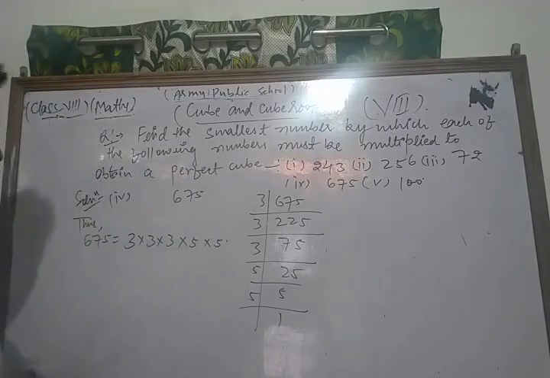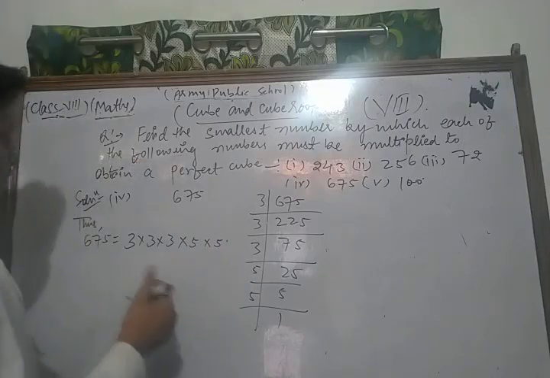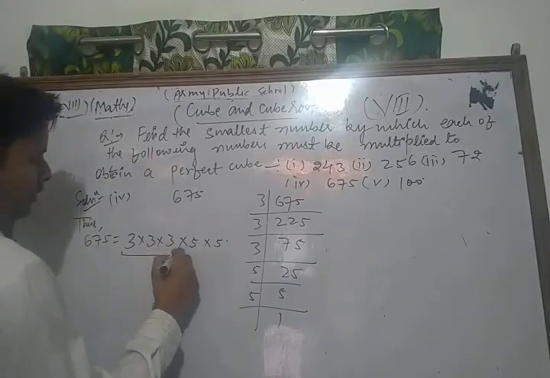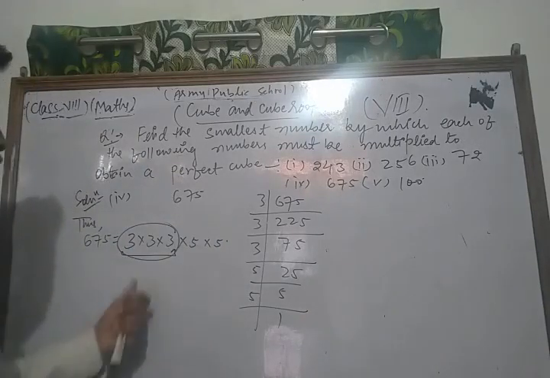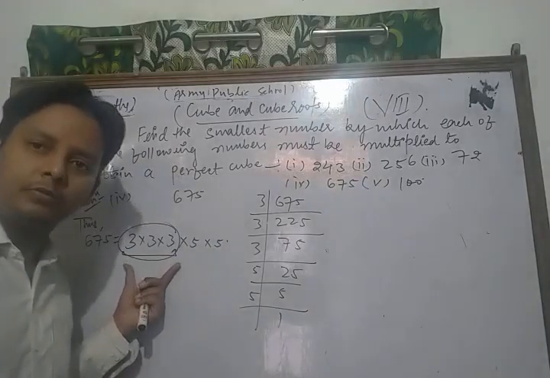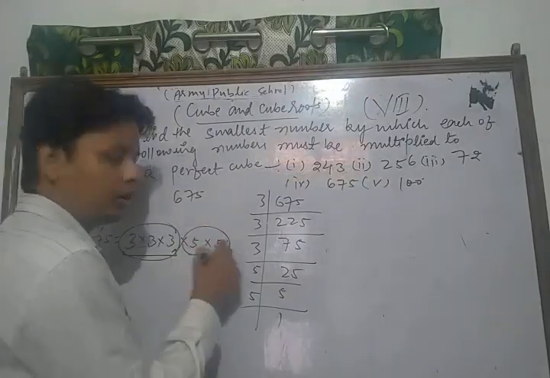Now we observe that the 3s are grouped in triplet form, but the 5s are not.